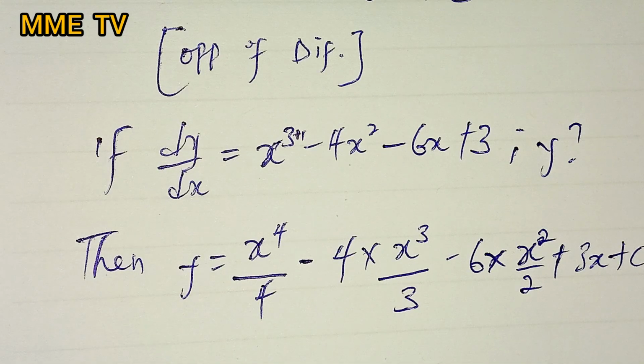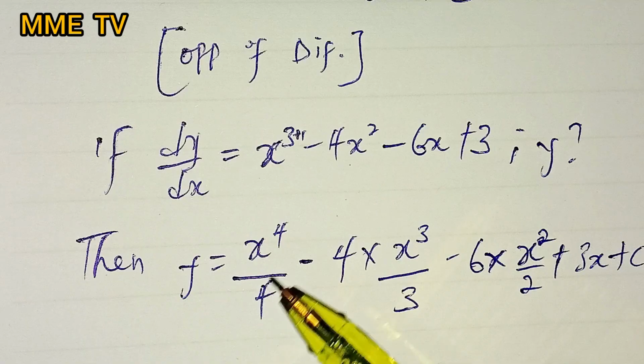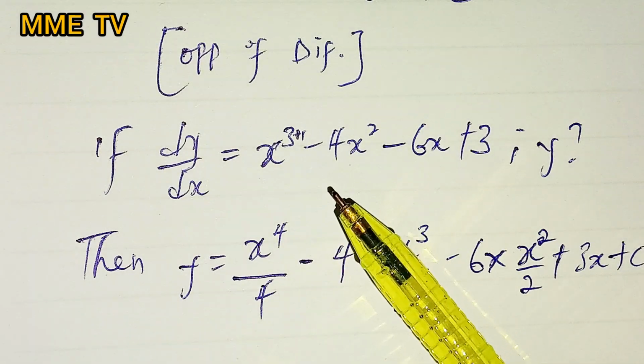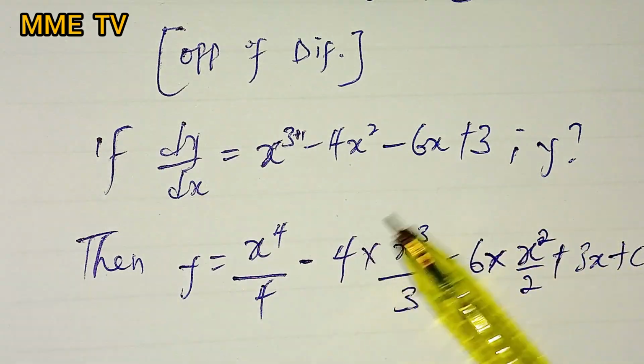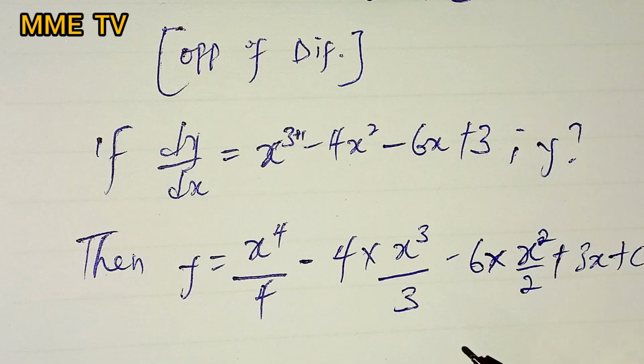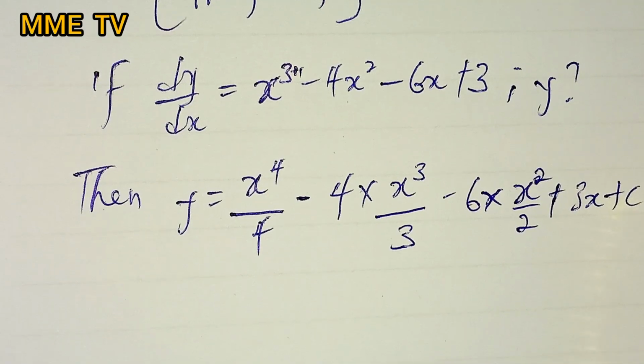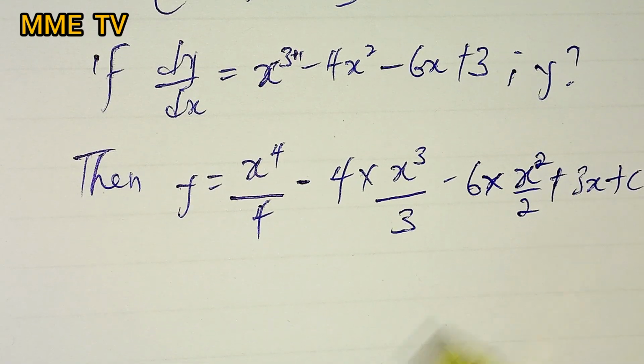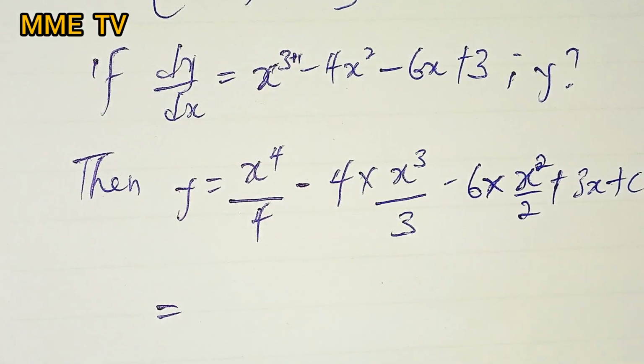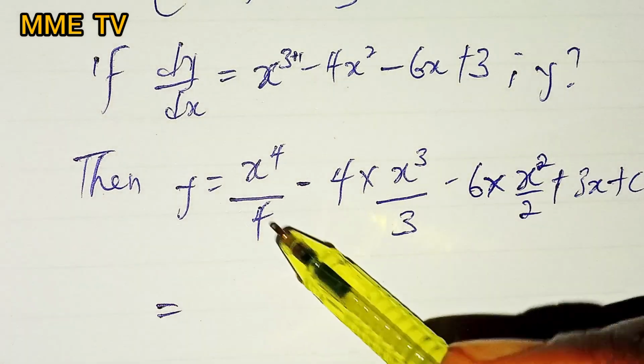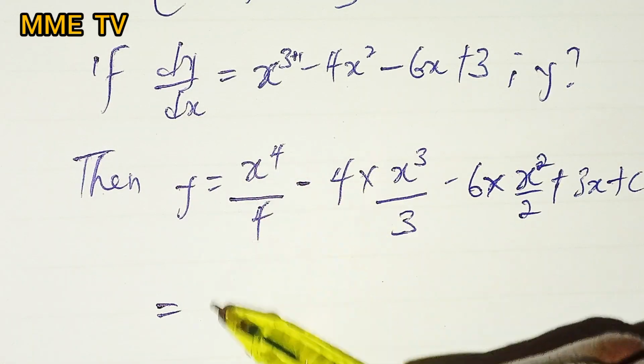Okay, you know that based on the equation that we're being given, the next step to follow is going to be multiplying through. x raised to power of 4 over 4.